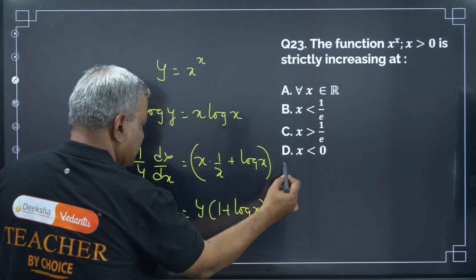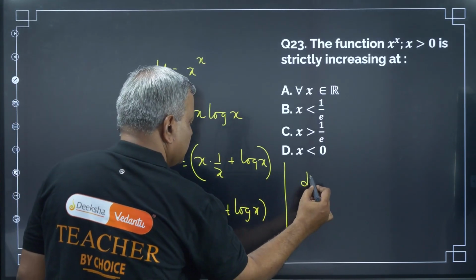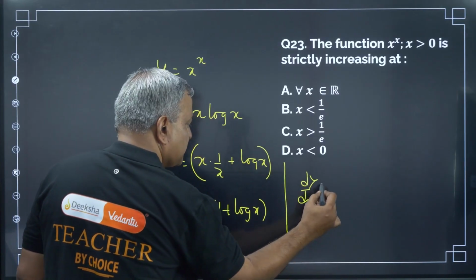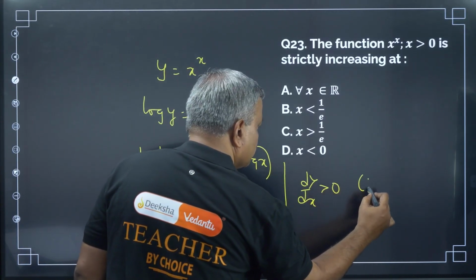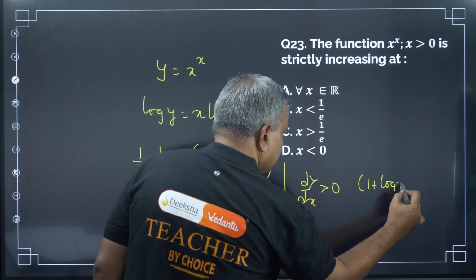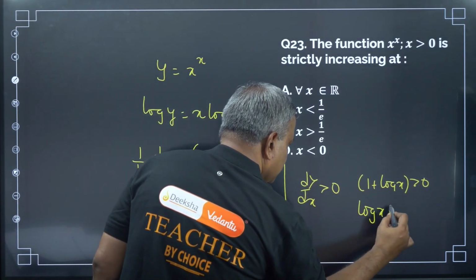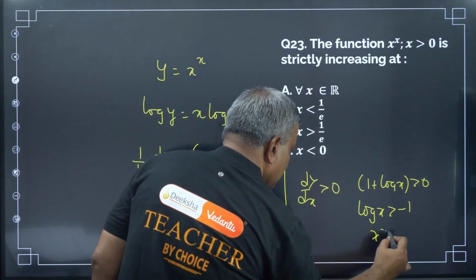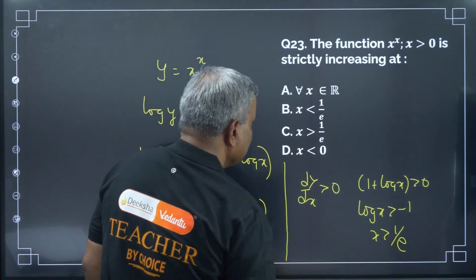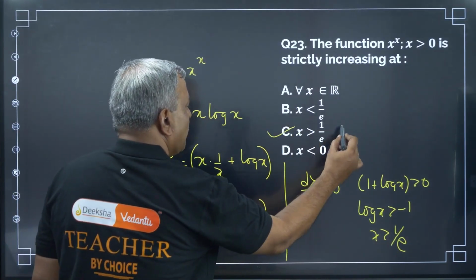For an increasing function, what is the definition? dy by dx greater than 0. So 1 plus log x is greater than 0, log x is greater than minus 1, x is greater than 1 by e. Option C.